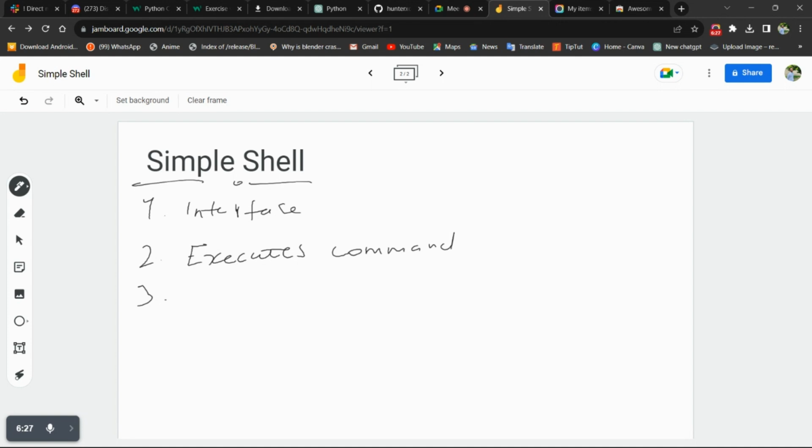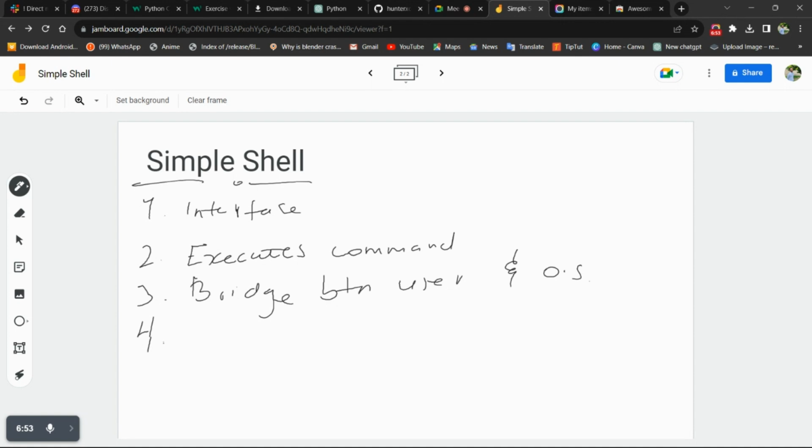For me, I would say that shell is like a bridge between the user and the operating system. Shell itself is a command. We need something for the user and operating system to interact, so shell is like a command that the user will type in and the operating system will understand it and give out outputs to the user.